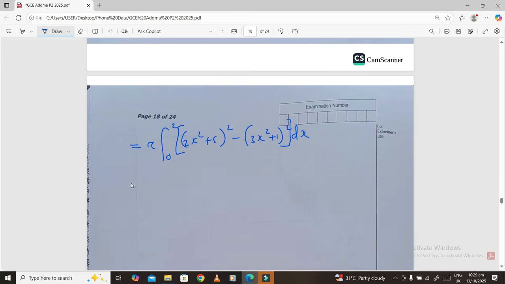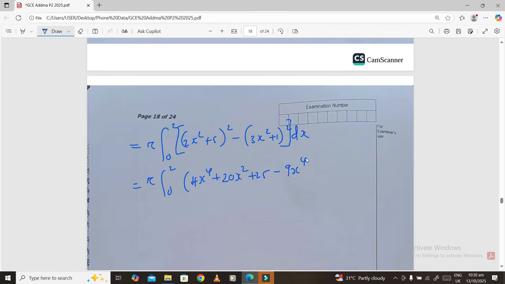Once you do that, you can say pi integral from 0 to 2. You simplify what is inside. This is 4x power 4 plus 20x power 2 plus 25. And then we say minus, this is 9x power 4, when we simplify.